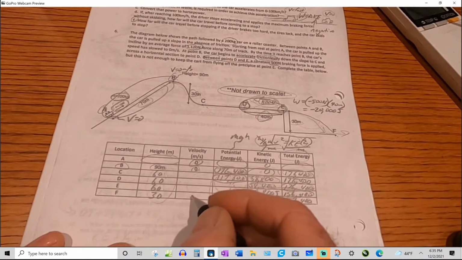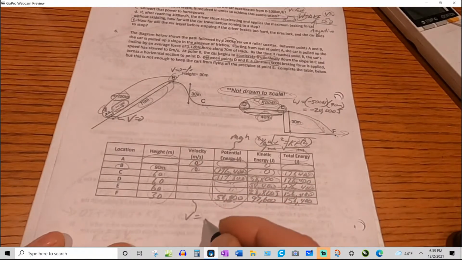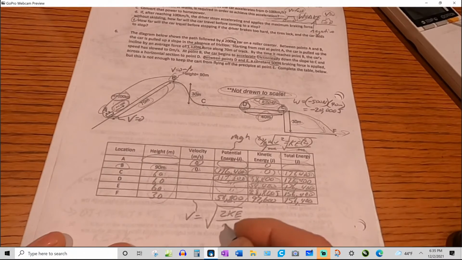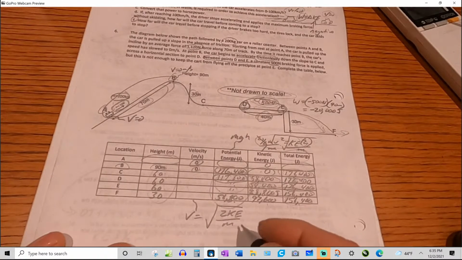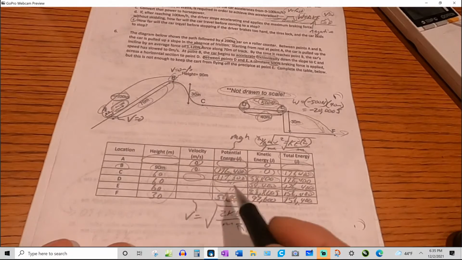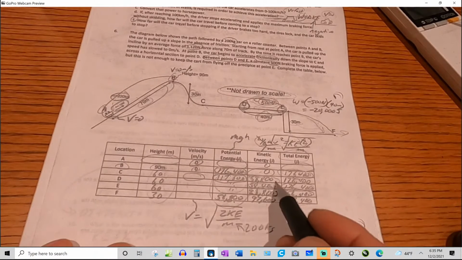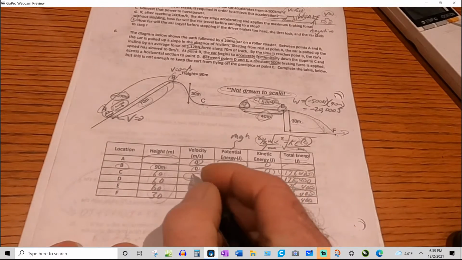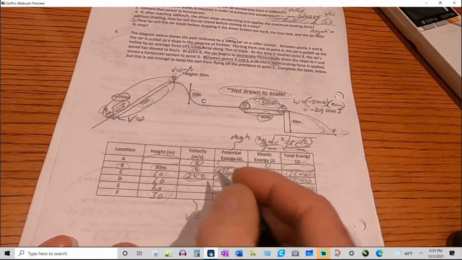So the velocity ends up being the square root of 2 times the kinetic energy over the mass. And the mass is 200 kilograms. So to find this velocity, it's going to be 2 times 58,800 divided by 200, then take the square root of that, and it comes out to 24.2.